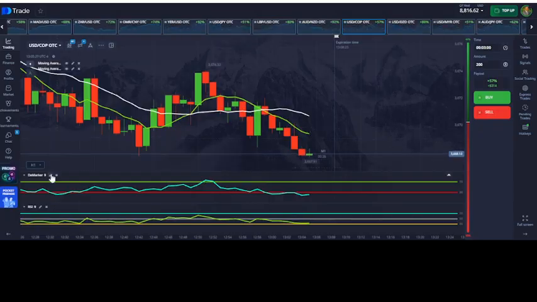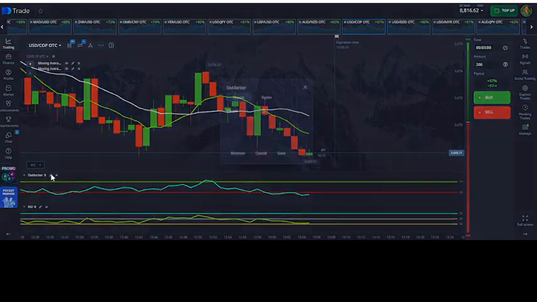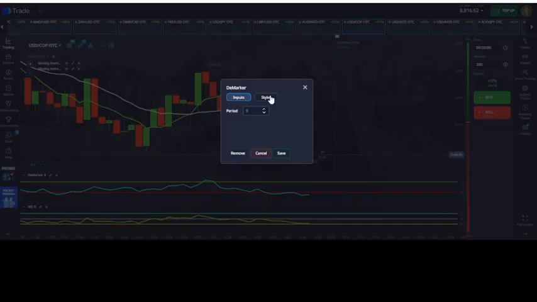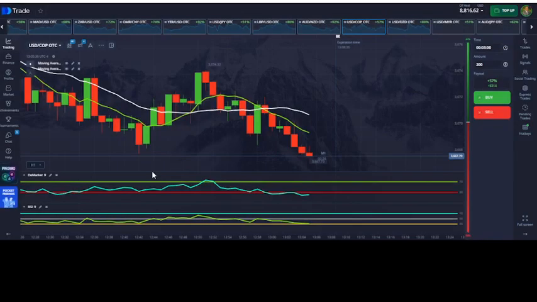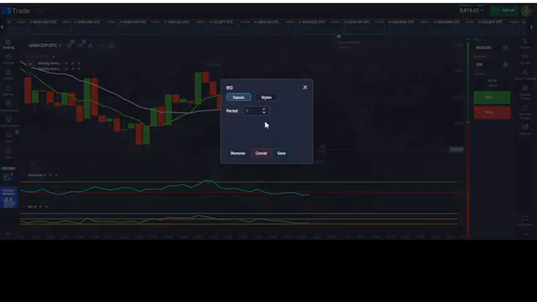The DeMarker indicator, I've set the period to 9. Style settings, like I said, I've set all the line widths to 3 pixels for the 70 to 30 in the main line. And for the RSI indicator, we have the period set to 9.